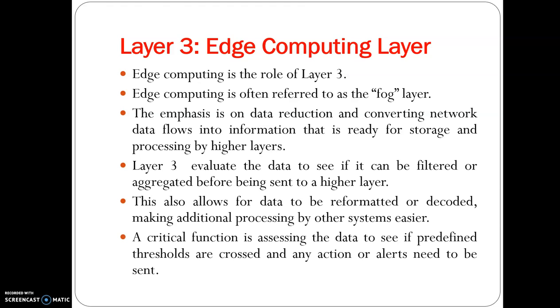A critical function is assessing the data to see if predefined thresholds are crossed and any action or alert needs to be sent. So these are the main functions to be performed by this layer.